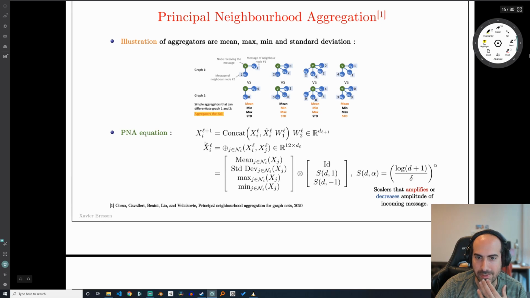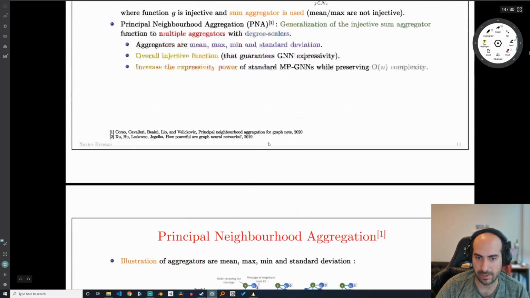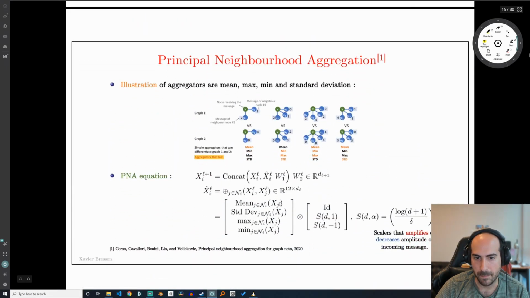And then what is this equation here? It's saying the value of the node at layer L plus one is equal to the features of this node and the neighborhood times the weights. Oh, I see. So as opposed to just having an aggregated sum, you have an MLP that learns this, and that's where this W comes from.